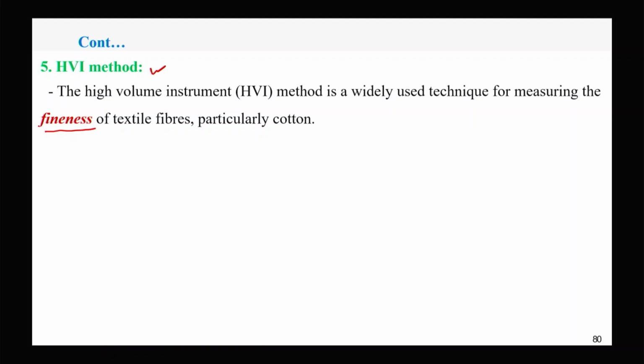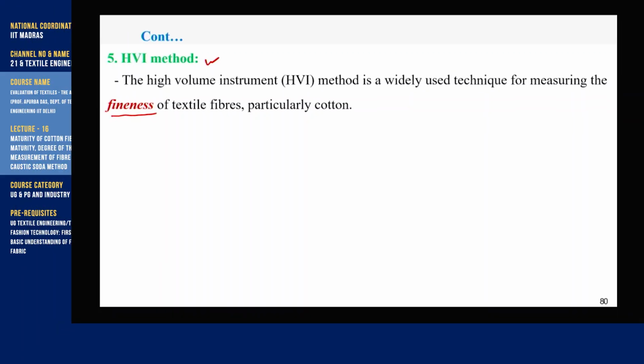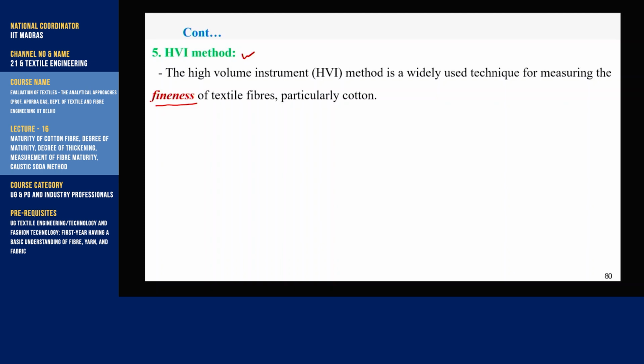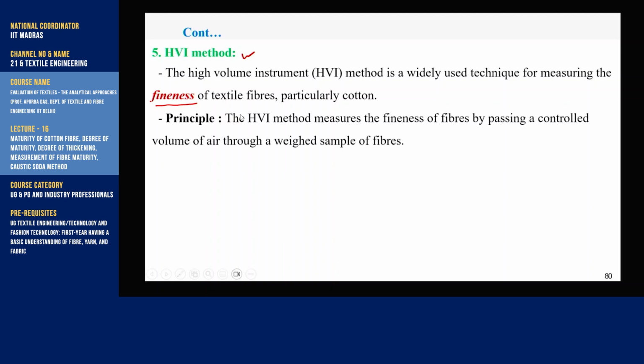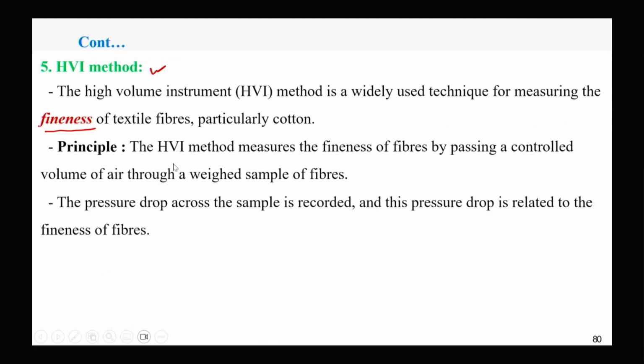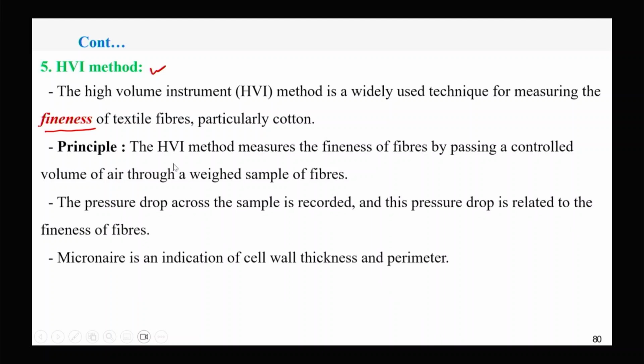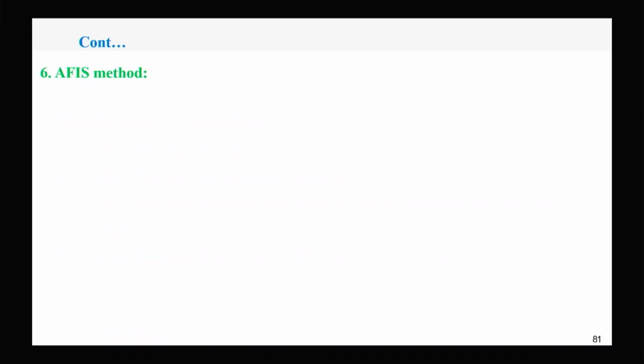For the same variety, if the fineness value, that is the micronaire value, is less, that means the fiber will be immature. That is an indication for a particular variety of cotton, but there is no direct method of measurement of maturity in HVI. So the micronaire value is an indication.